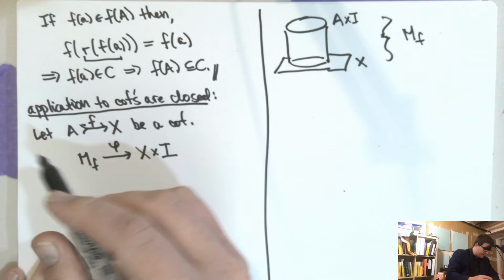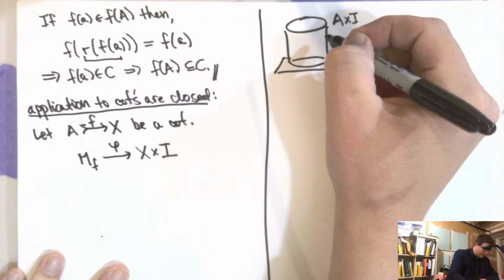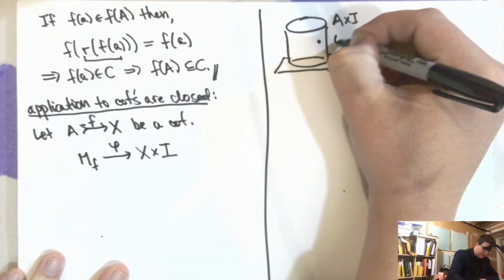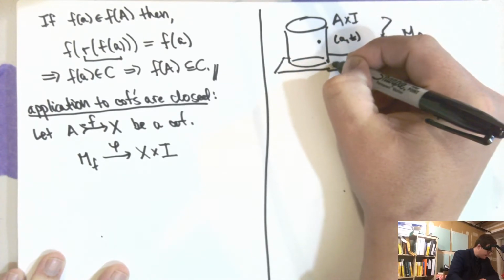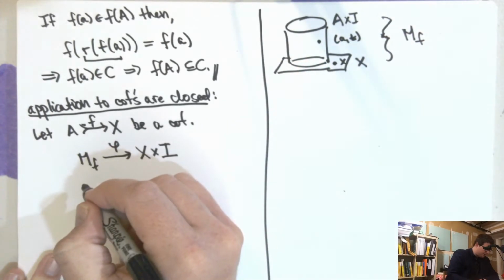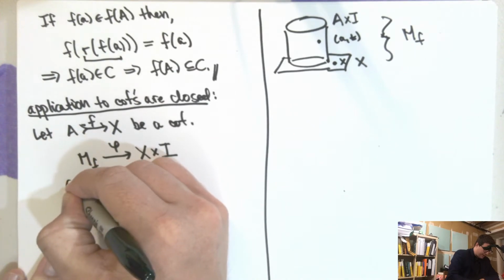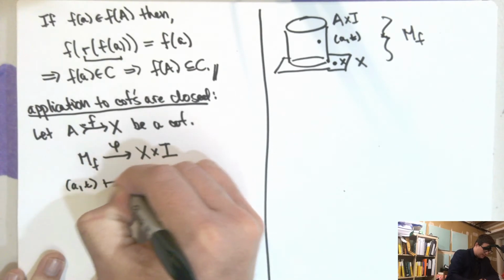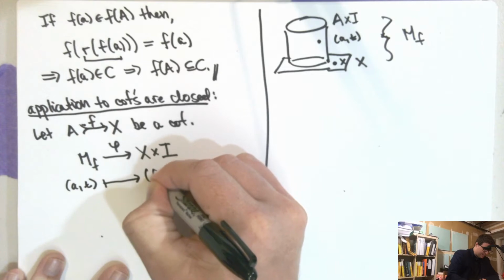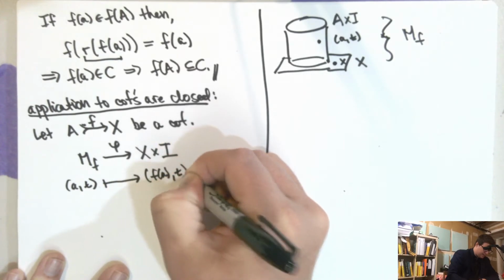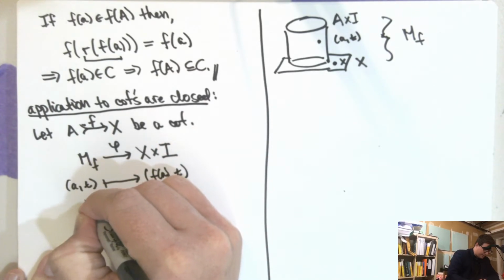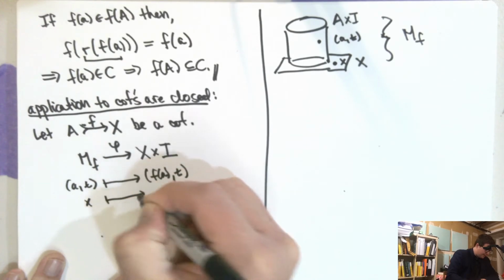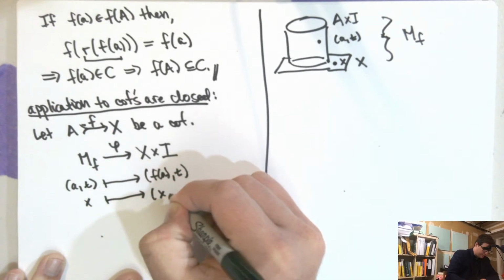We need to say what happens to points here. These are points like A, T. And then we need to say what happens to points here. So here we have AT. This will map to f of AT. And then we could just have a point x here, and this will map to x1.